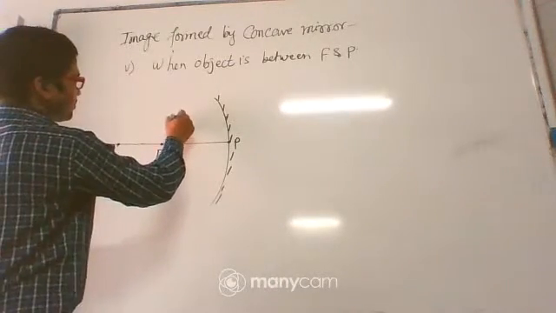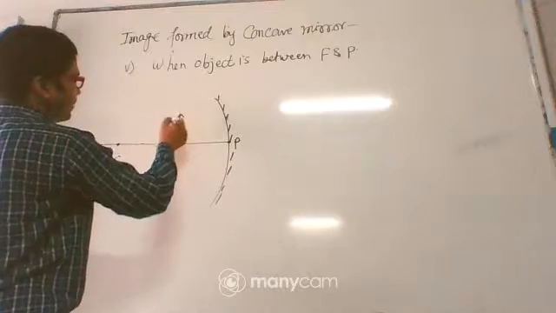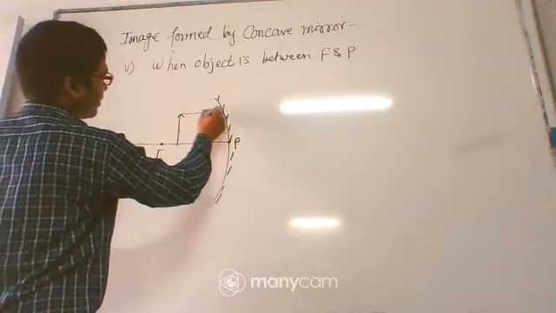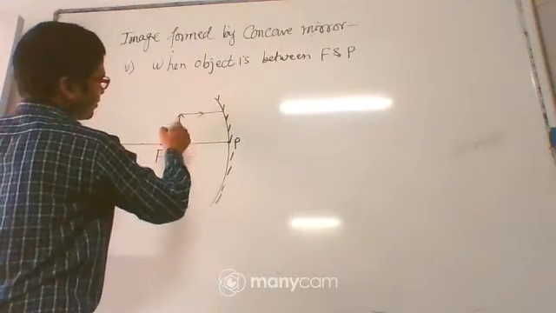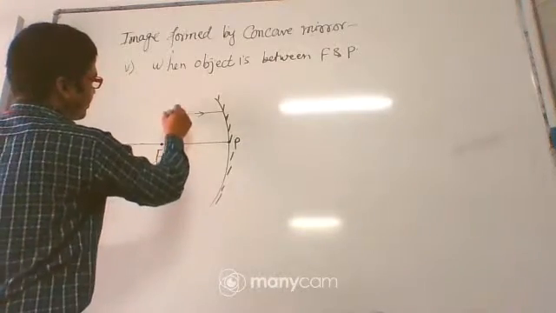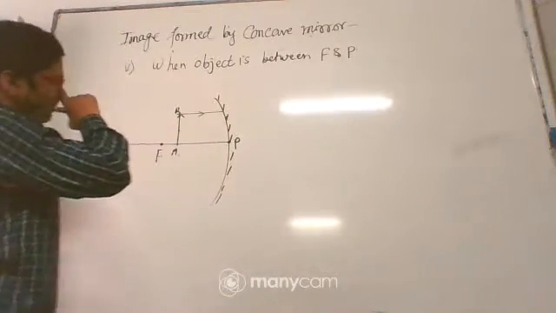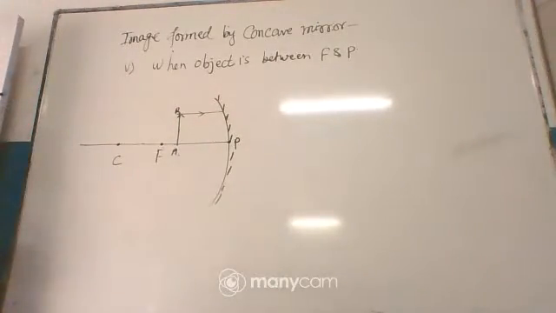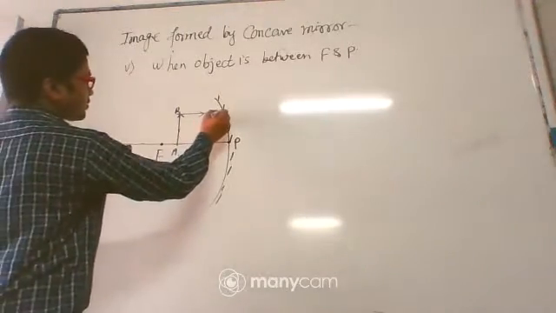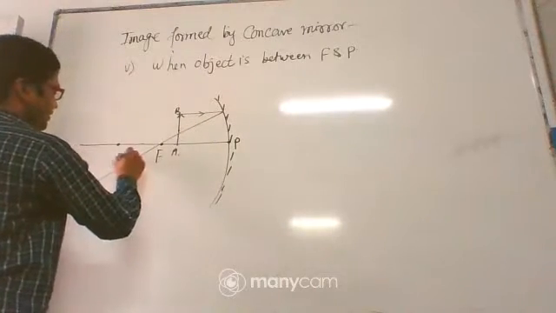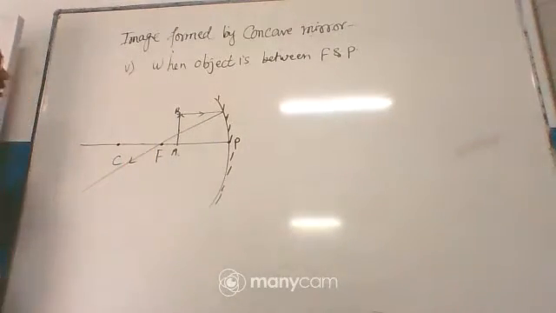You can see this one is the object AB. Now one light ray parallel to this principal axis. And after reflection, this light ray passes through the focus like this.